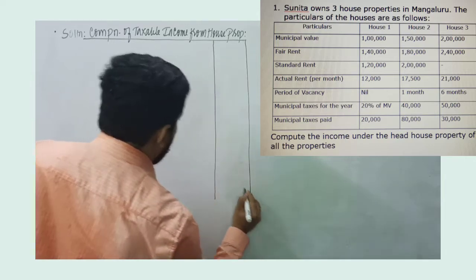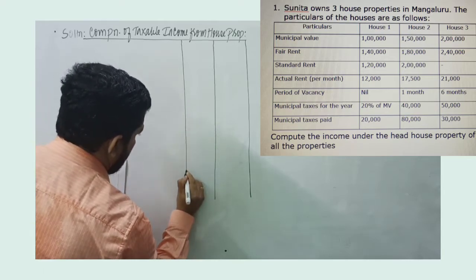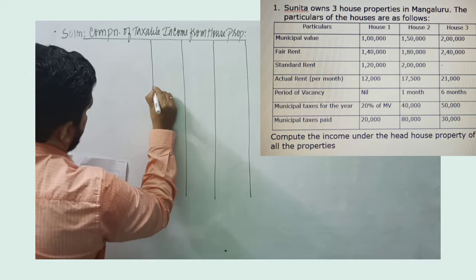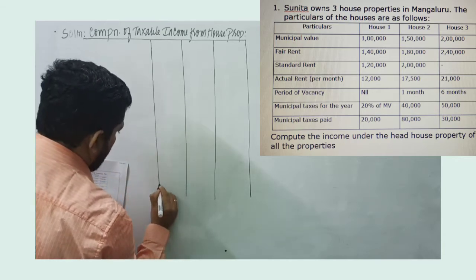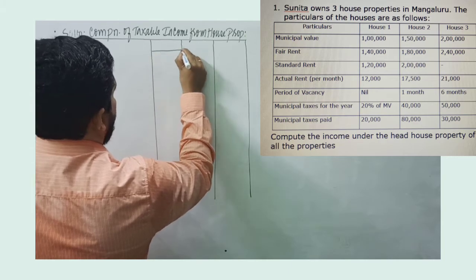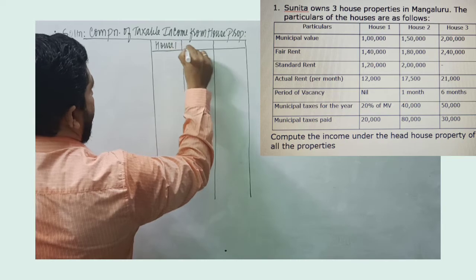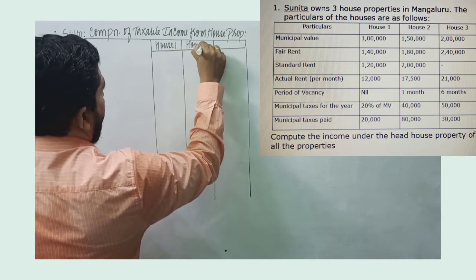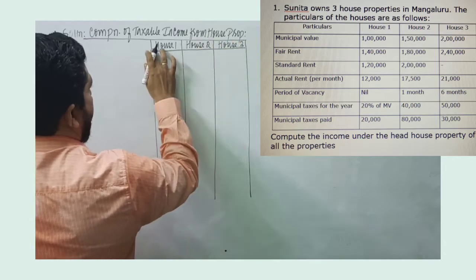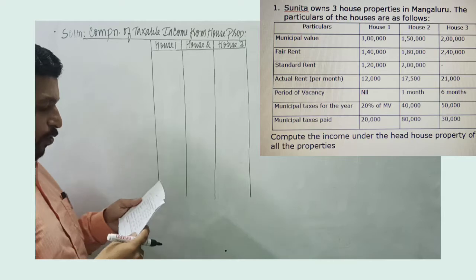So I will prepare 3 amount columns, house 1, house 2 and house 3. So I will record over here. This is house 1, house 2 and house 3.